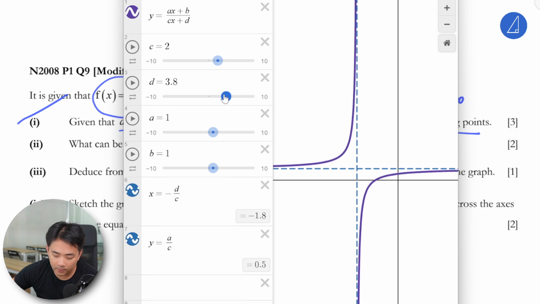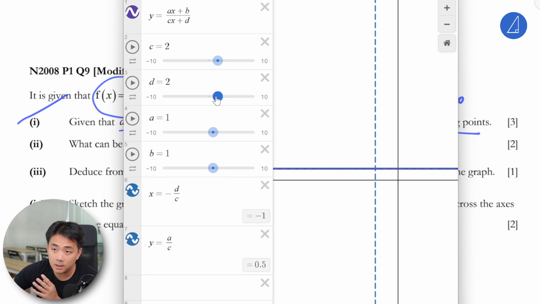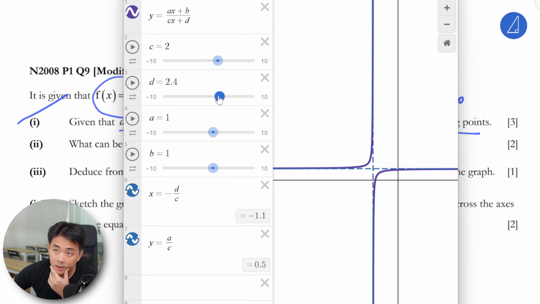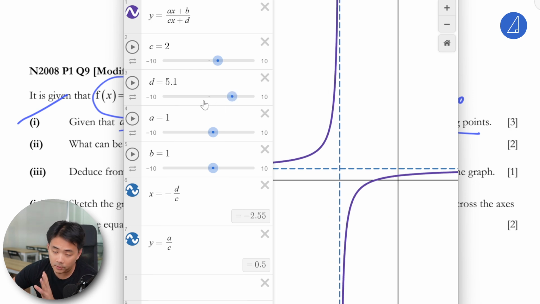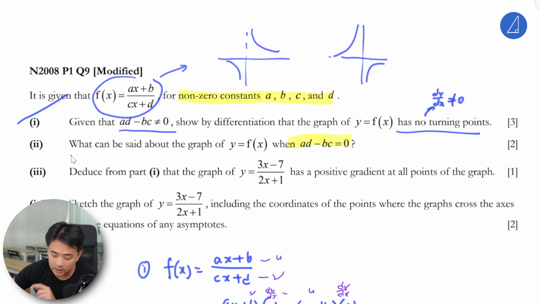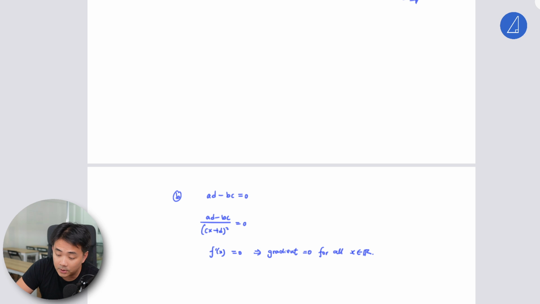There's a point where it morphs from one side to the other side, and it becomes a horizontal line. So when ad is equal to bc, it becomes a horizontal line.